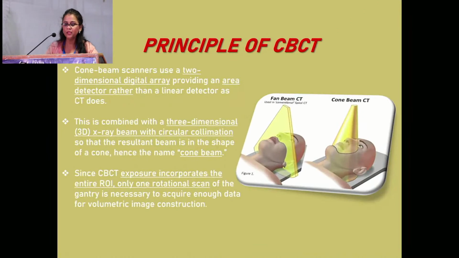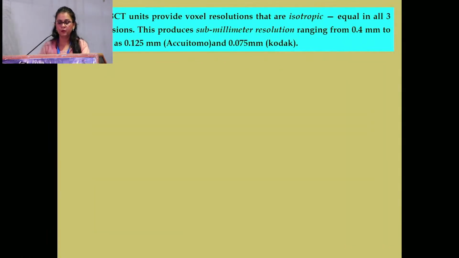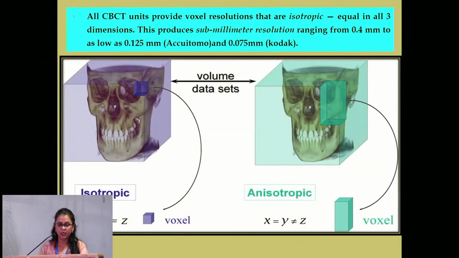So let's not talk in detail about the principles of CBCT. We are actually dealing with a cone beam CT, which is different from a fan beam CT. The most important factor for CBCT is that the voxel resolution is isotropic, that is, it's equal in all dimensions, as compared to CT, which is anisotropic.